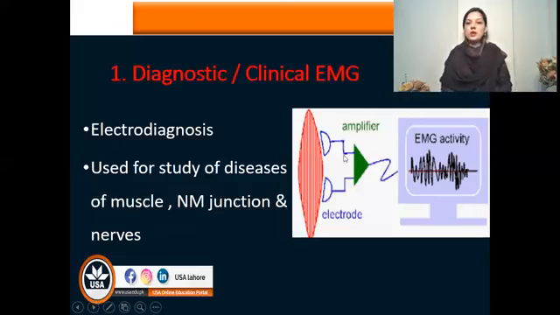What we do is record the muscle activity and give it to an amplifier, and that gives us the signal or output in two different ways. Either it gives us a visual representation or it gives us an audio representation.